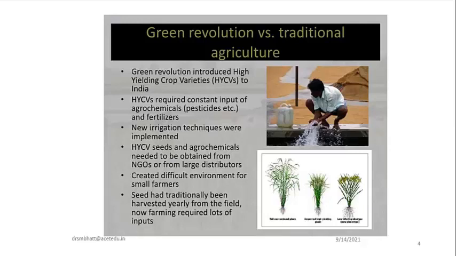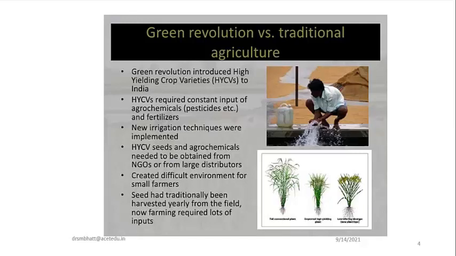Why? Because the green revolution practices involved a high amount of use of fertilizer and pesticide. That is not recommended. Okay? What is recommended? Precision farming means if you don't require, don't use it.